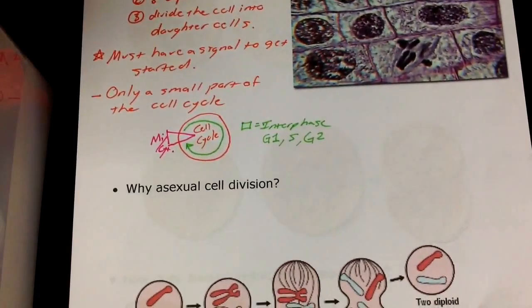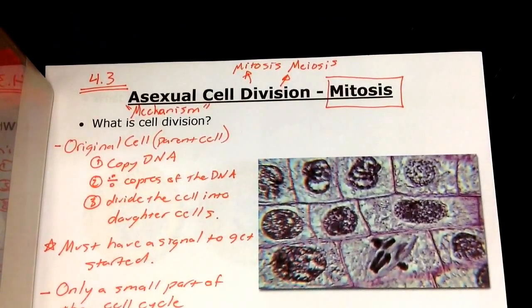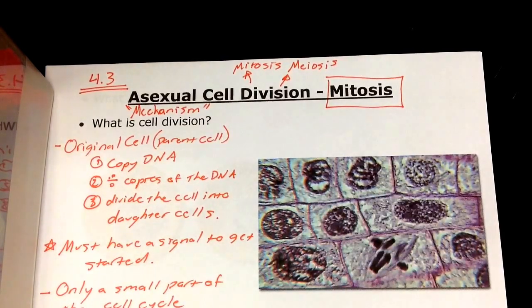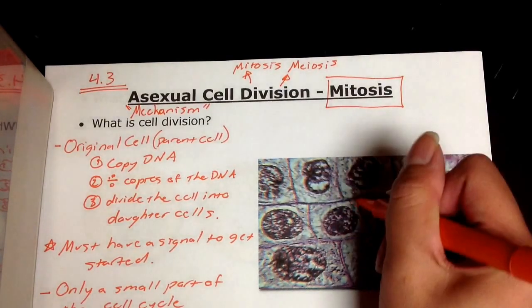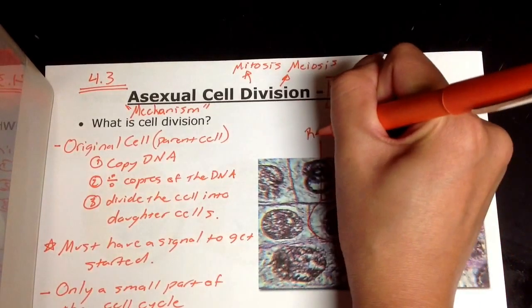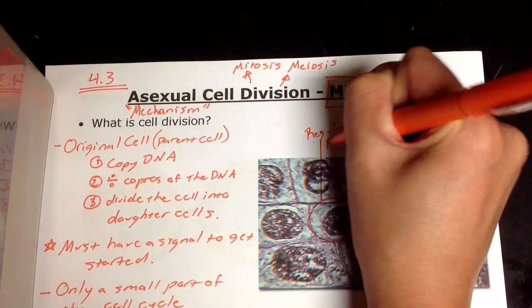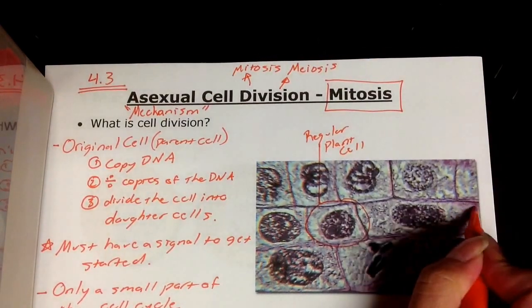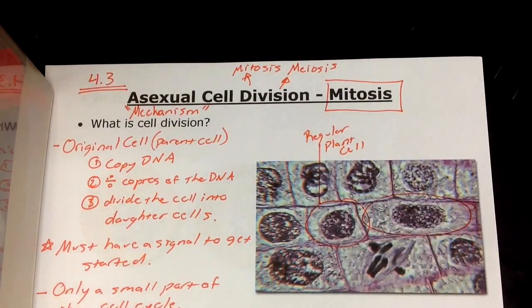If you would take a minute and look at the cells above here, in this picture you're actually seeing plant cells, and specifically this cell right here is a regular plant cell. But right beside it, this cell is a little different.